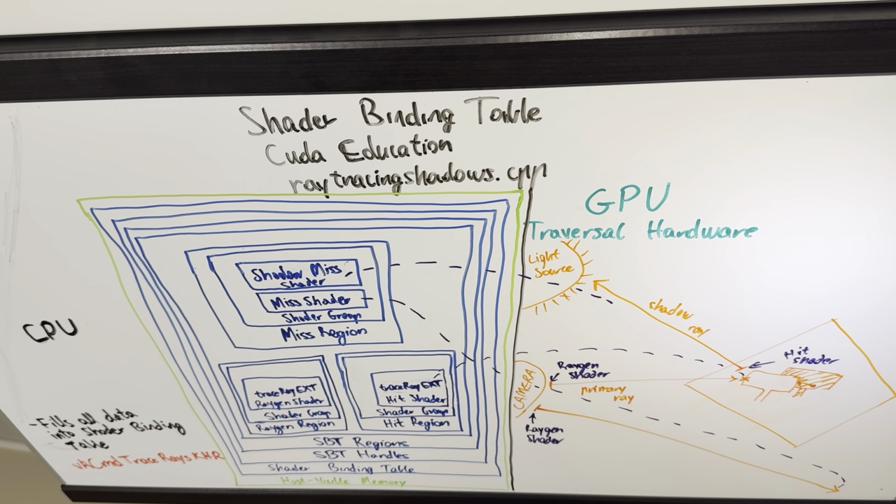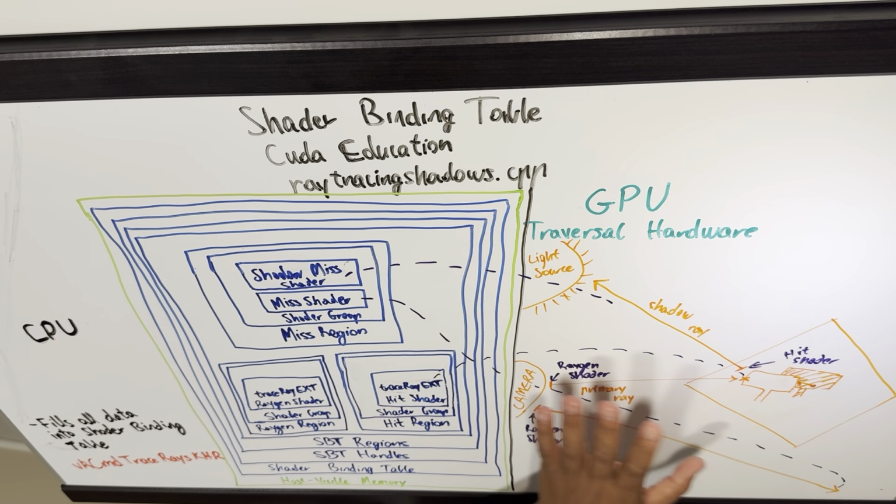That's basically what acceleration structures are, right? It's a way to help the traversal hardware and your application make sure that you don't process stuff unnecessarily. That is my contribution for today.